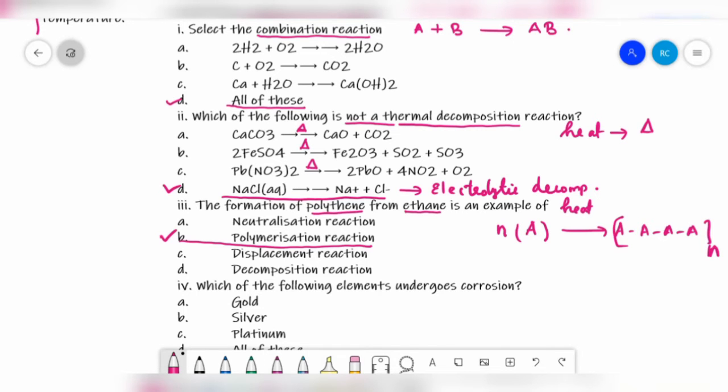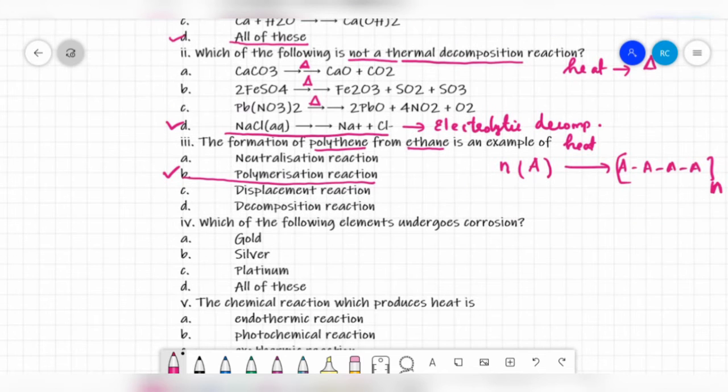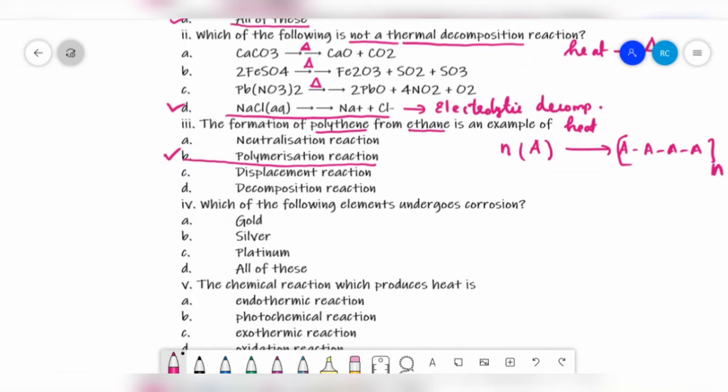Now, the fourth question is, which of the following elements undergoes corrosion? Gold, as you know, does not undergo any corrosion. Silver, if you have any silver articles, when you buy them, they have a very nice silver color.